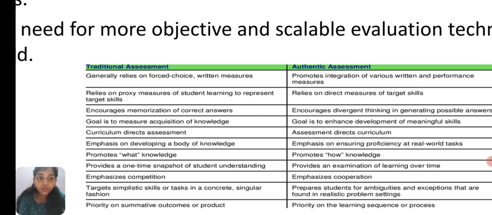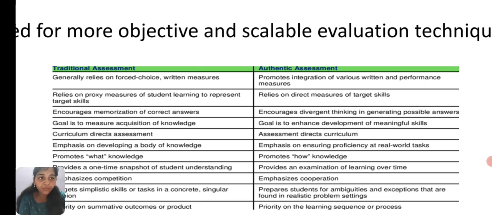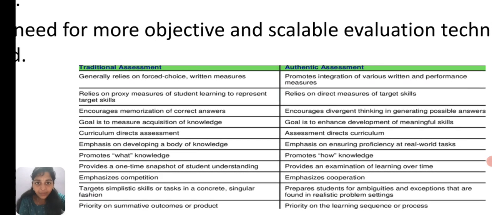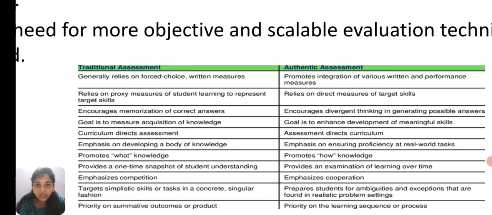Here the goal is to enhance the development of meaningful skills. In traditional assessment, curriculum directs assessment; here the assessment directs curriculum. It's quite opposite. The next point: emphasis on developing a body of knowledge, versus emphasis on ensuring proficiency at real world tasks.